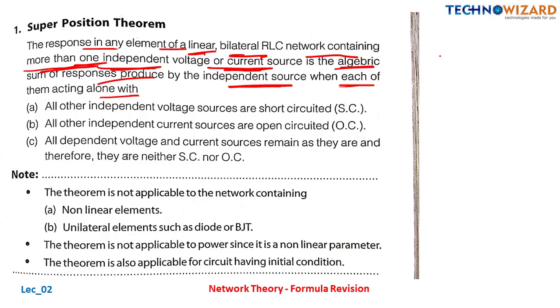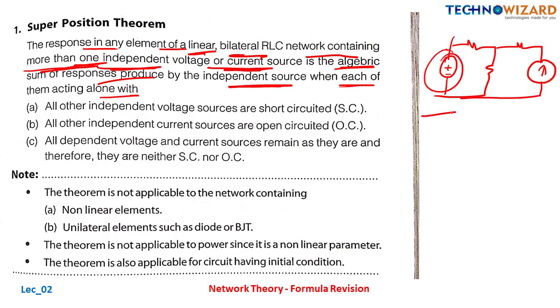If you want to find any current in the circuit, we consider one independent source at a time. Suppose this is our circuit. In case 1 we consider this voltage source, and the current source remains open circuit. In case 2 we consider the current source, and the voltage source remains short circuit. Like this we follow the superposition theorem.